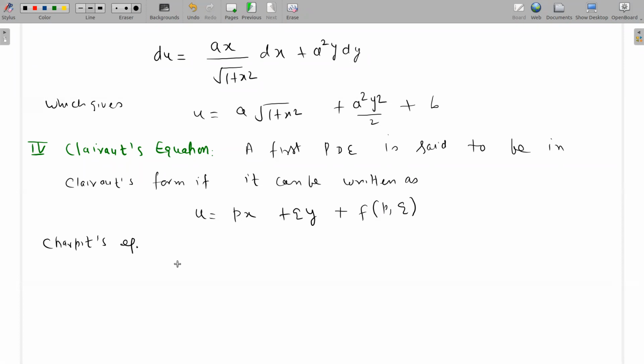Charpit equations take the form dx by, or if you want to write in capital F form, you can write px plus qy, or you can write u minus, take everything on left or right, it's your choice.